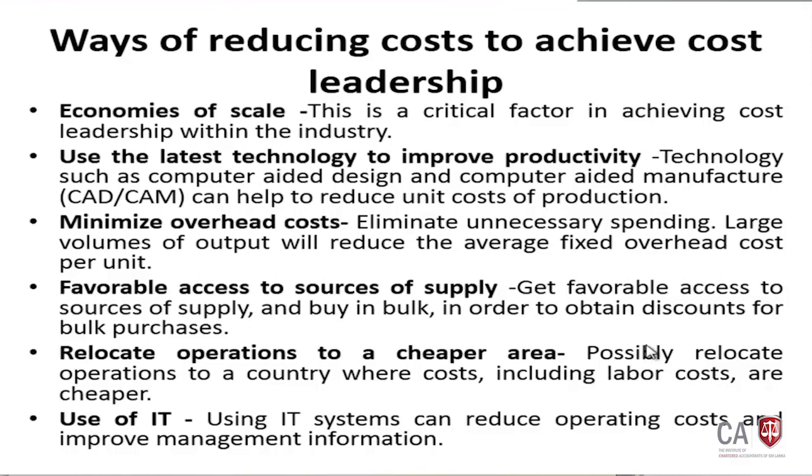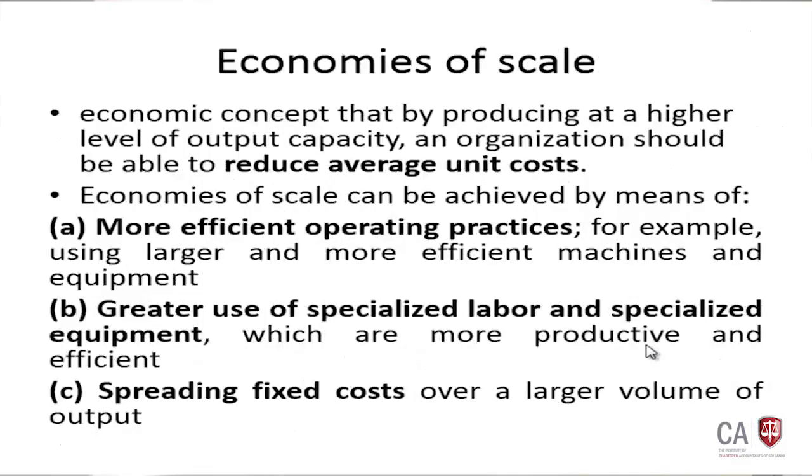If you can relocate the operation into a cheap area, for example, third world countries where you can obtain labor at low cost, that will help you to reduce the cost. That is why many multinationals are operating in third world countries. Then another option is the use of IT. Using an IT system can reduce operating cost and improve management information. That is another way you can reduce the costs.